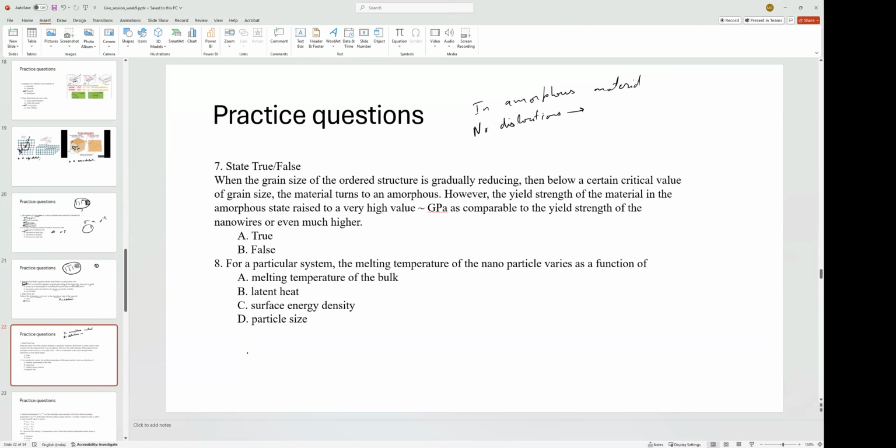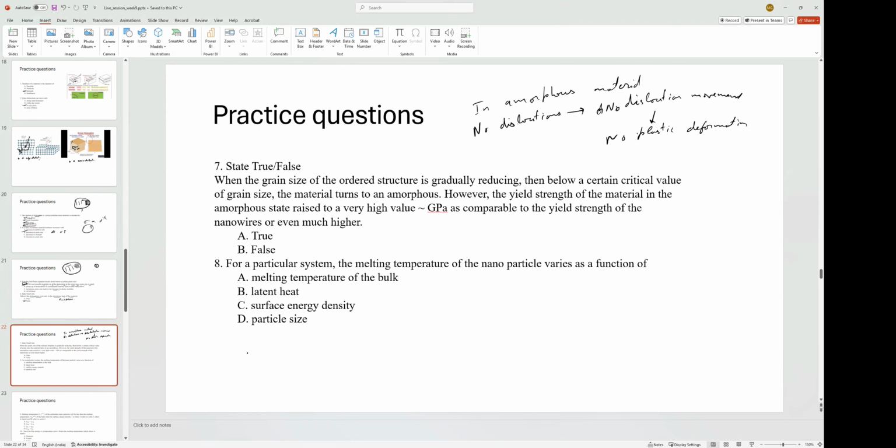What this causes is there is no dislocation movement. So there is no plastic deformation. This is what happens in glasses.